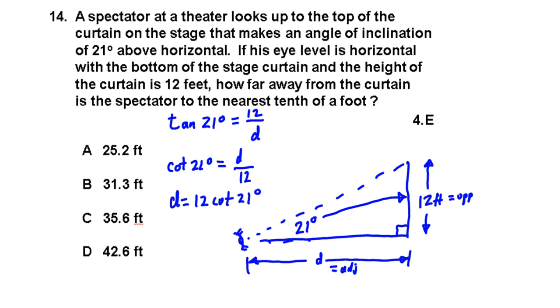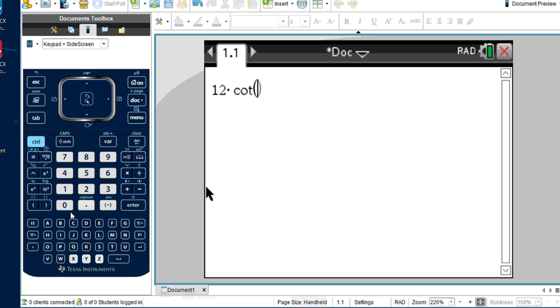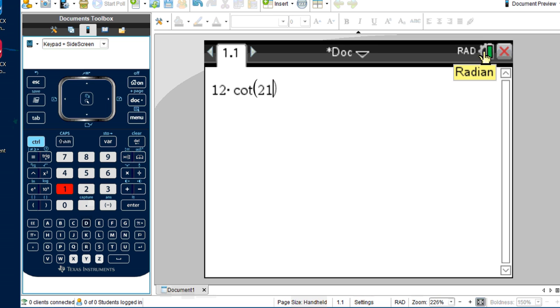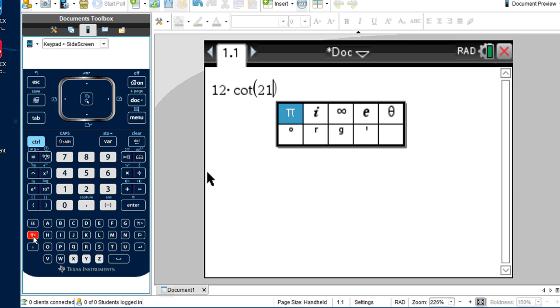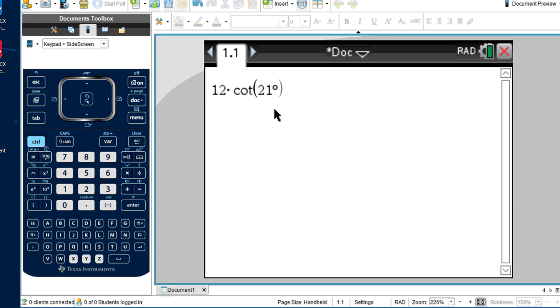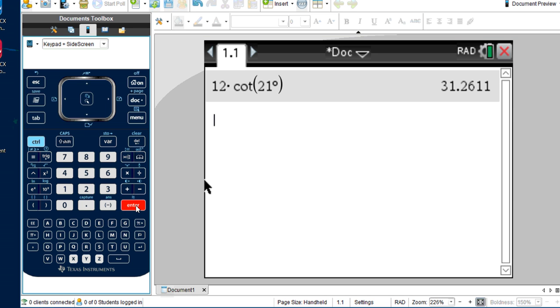Yeah, 21 degrees. We see our calculator is in radians, so I need to get a degree symbol here to make sure we get the right calculation. So we get 31.26, so the nearest tenth of a foot would be 31.3.